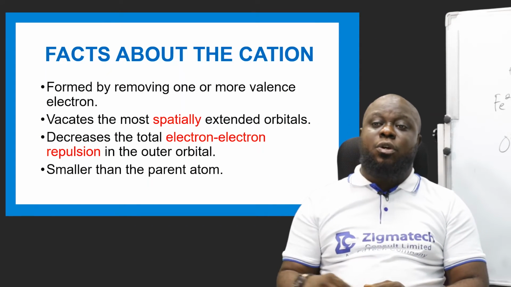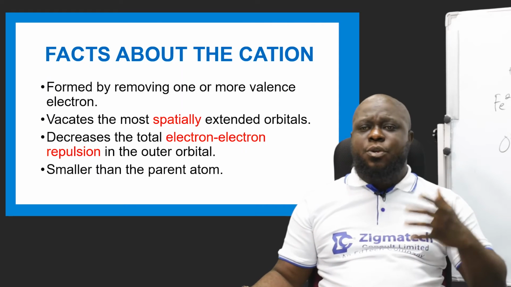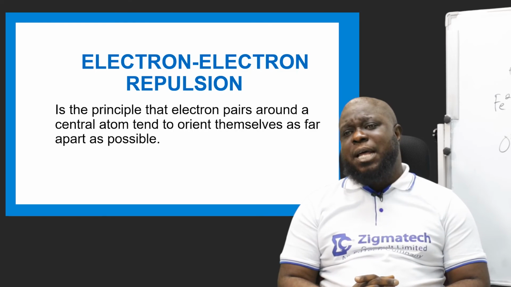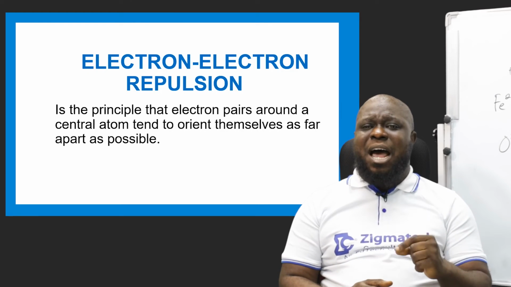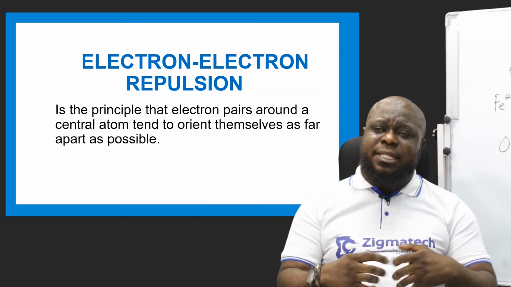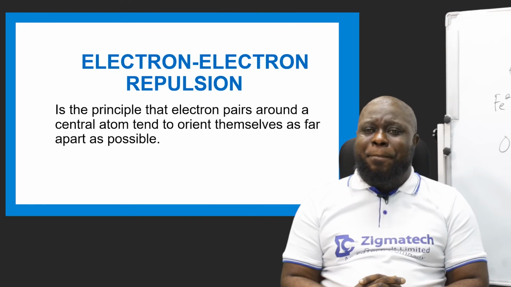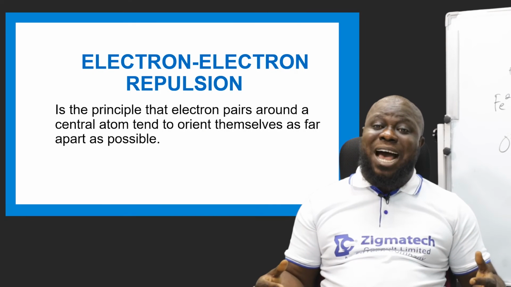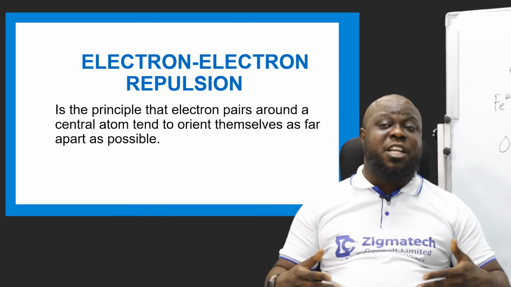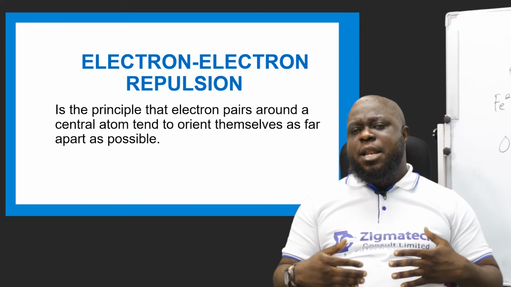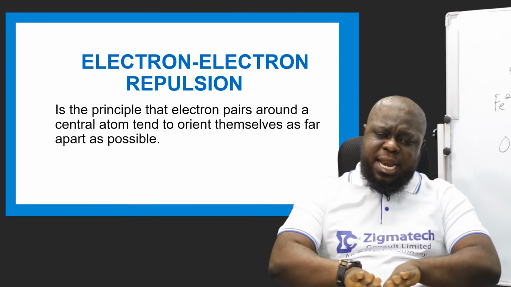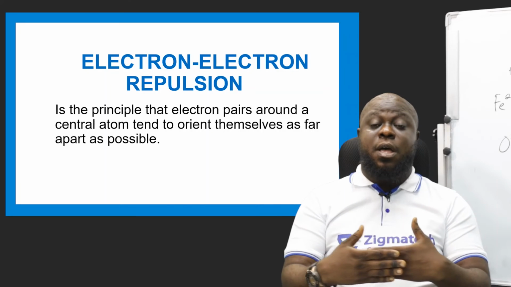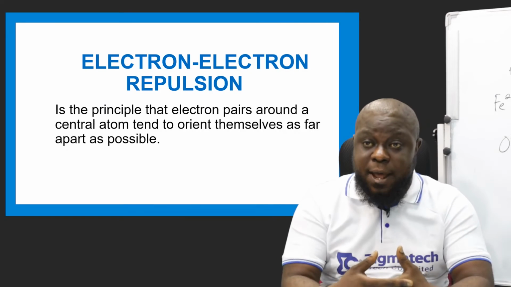Now, it said it decreases the total electron-electron repulsion. Let's know what an electron-electron repulsion is. Electron-electron repulsion is the principle that the electron pairs around a central atom tend to orient themselves as far apart as possible. In essence, the protons push the electrons away for them not to repel, for them not to come together.